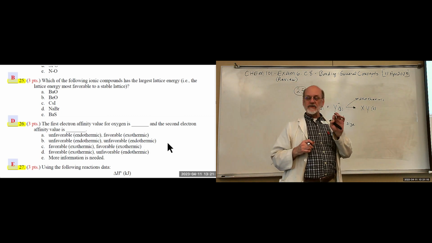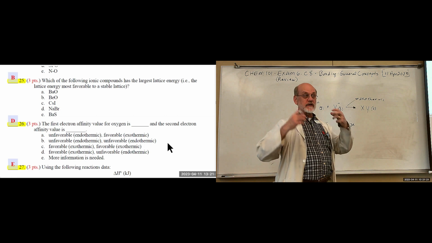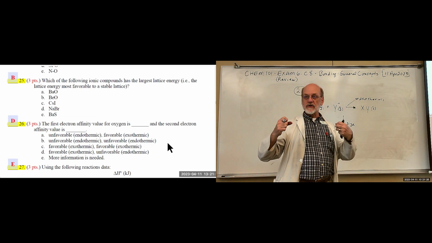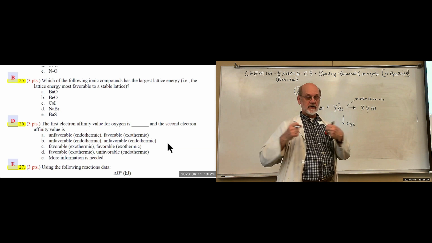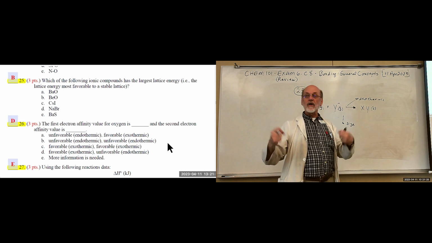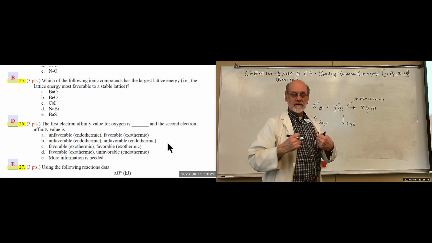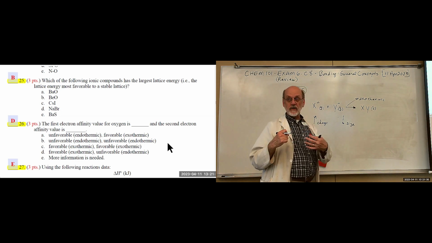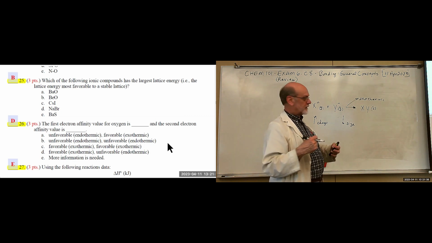The force of attraction is proportional to the strength of the charge. So if you have single charges and double charges, the double charges will be stronger in attraction. And then how close can they get together? So the smaller double charged or triple charged ions will give you the strongest lattice energy.